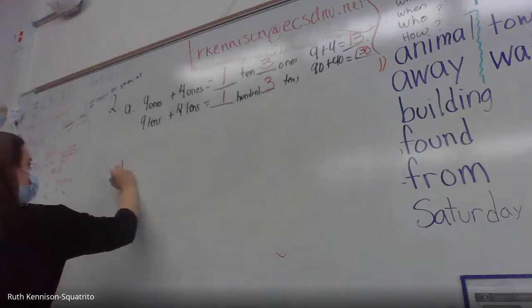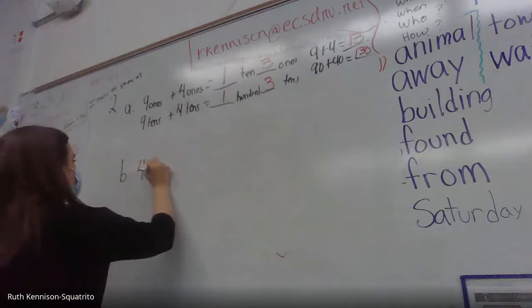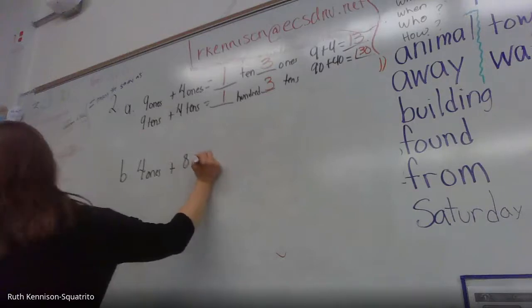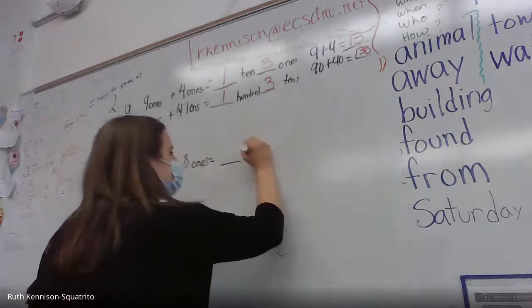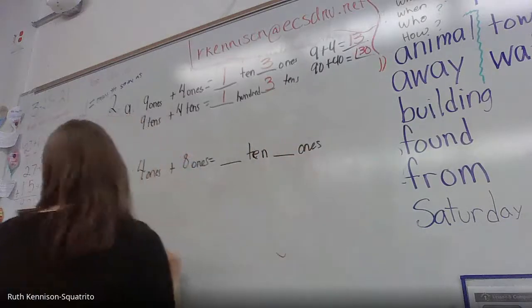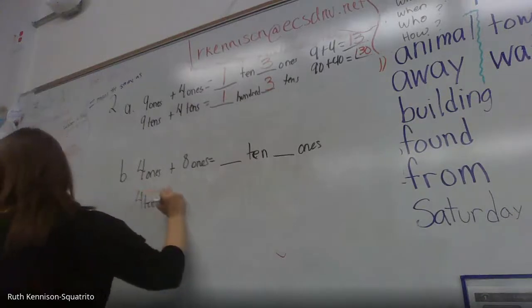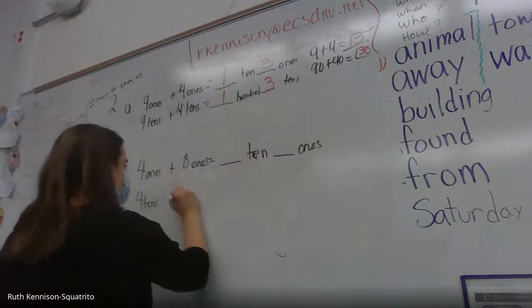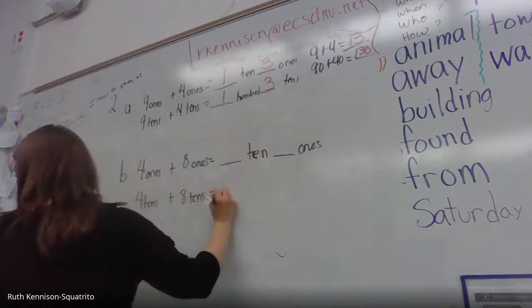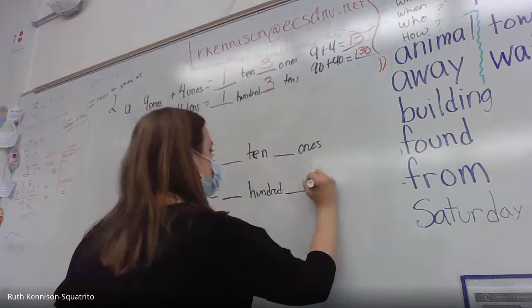And now we're on 2B. 4 ones plus 8 ones equals blank 10 blank ones. And then it says 4 tens plus 8 tens equals blank 100 blank tens.